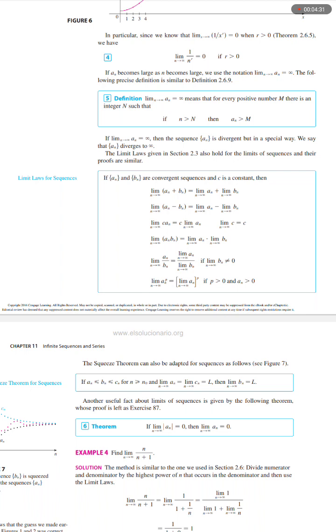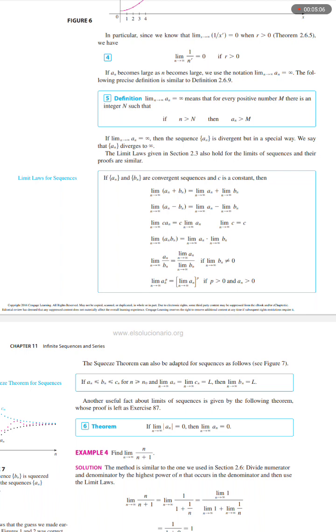And the limit of c times a sub n as n approaches infinity equals c times the limit of a sub n as n goes to infinity.